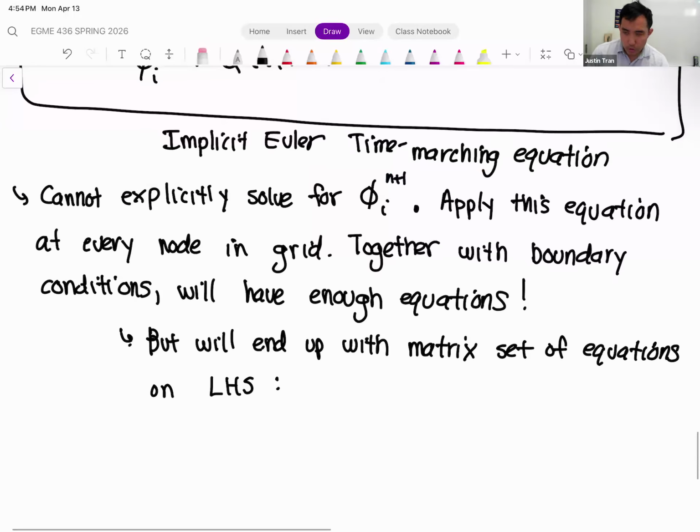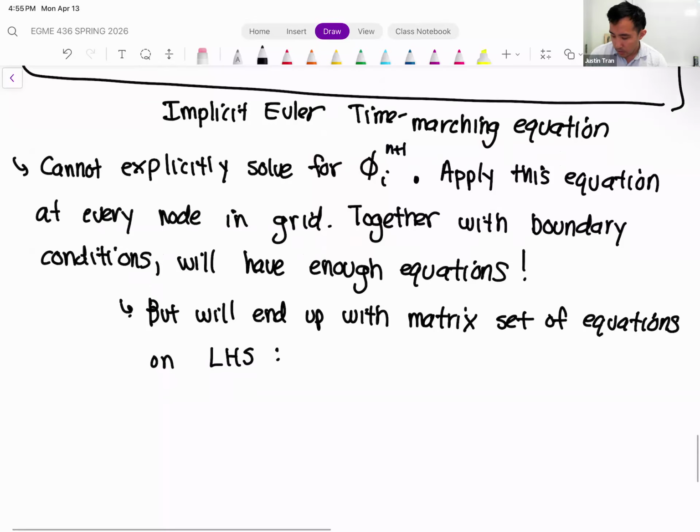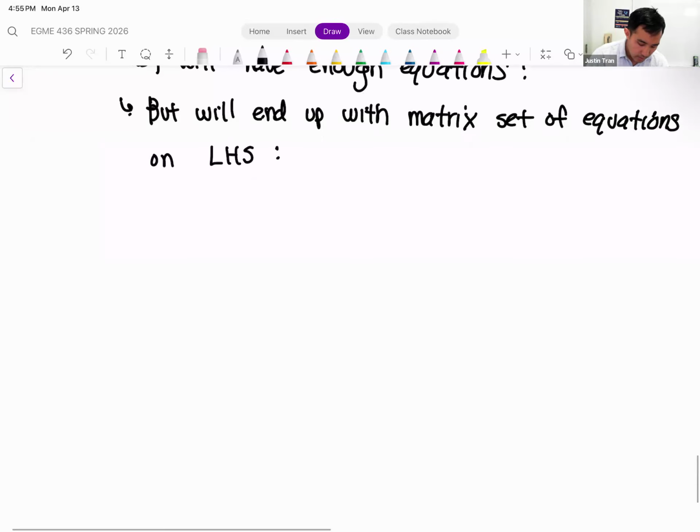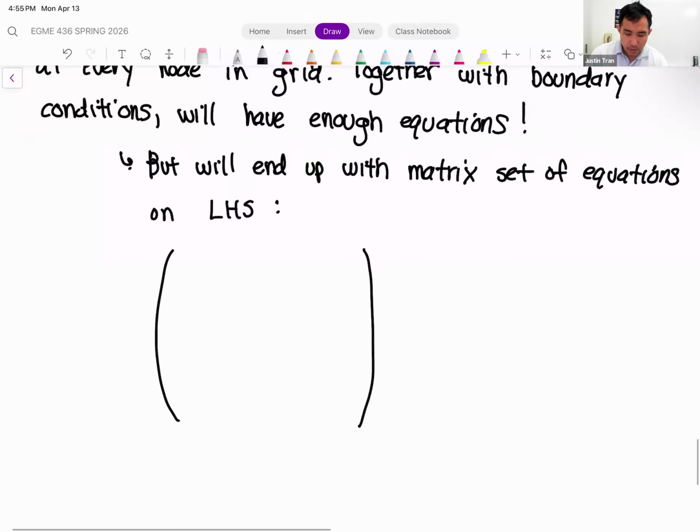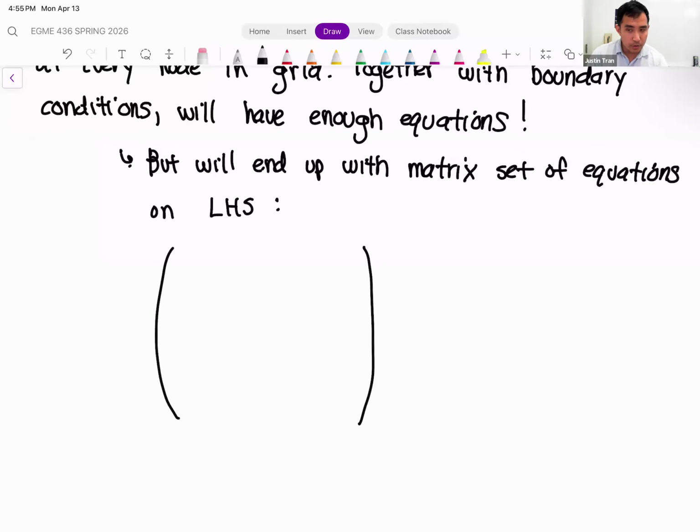After you apply this at every node in your grid and apply your boundary conditions, you're going to get a system that looks like the following. You get a matrix that has all the coefficients from your implicit Euler, and also the coefficients from your boundary conditions.